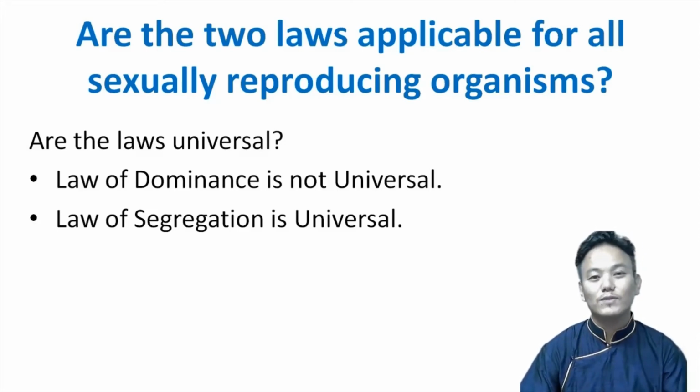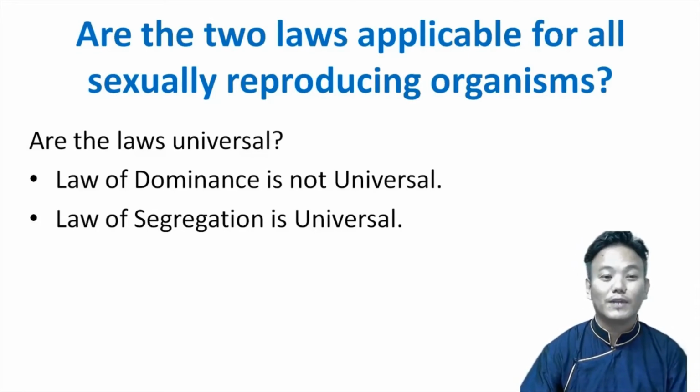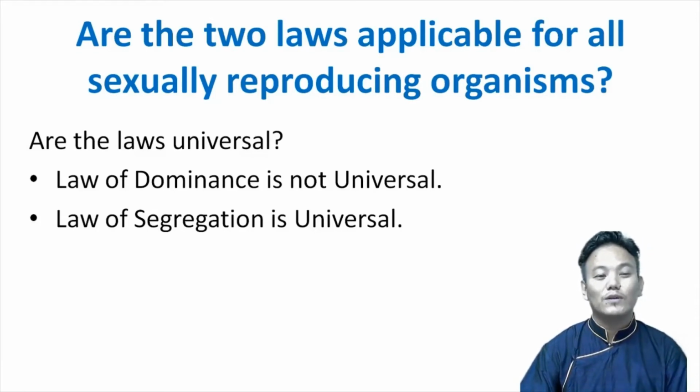If meiosis were not involved in gamete formation, then maybe the law of segregation would not have been universal. It would not have been applicable for all sexually reproducing organisms. So in simple words, the law of dominance is not universal and the law of segregation is universal.